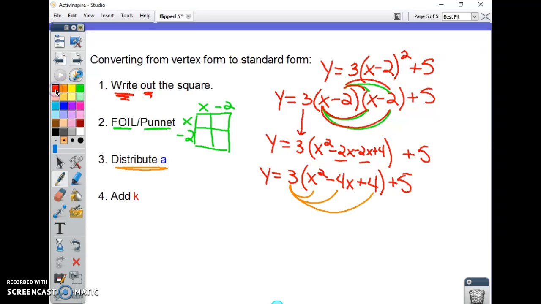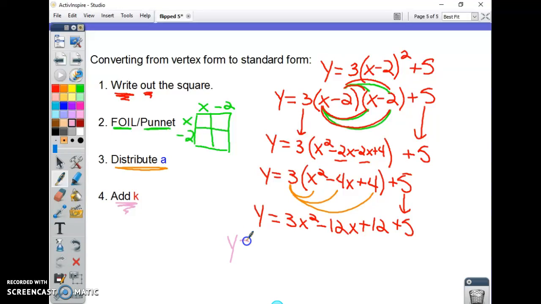So as our result here, we should have y equals 3x squared, and then we're distributing again, minus 12x. Here we are going to be adding our k value. Again, just kind of a combine like terms step.